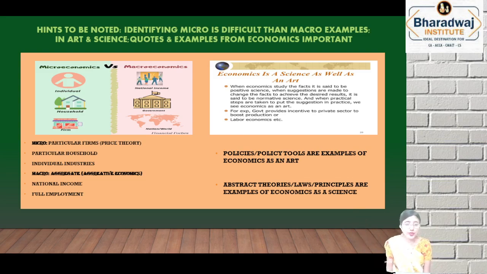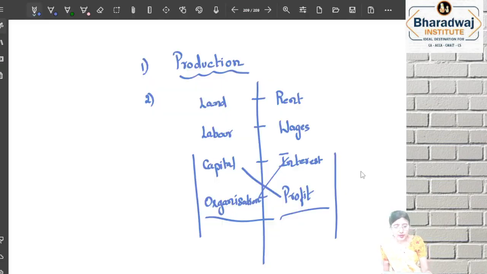They'll give two other odd kinds of options. Be very clear, any policy measure, any tool, any central bank measure is economics as an art. Are you clear? And under micro and macro, keep revising micro examples, because there will not be any clue there. Now I will ask you one here.